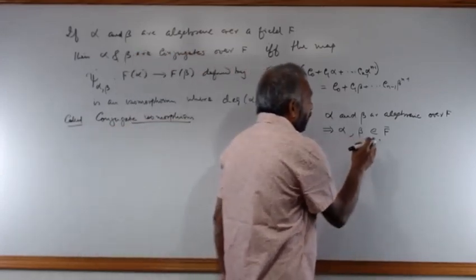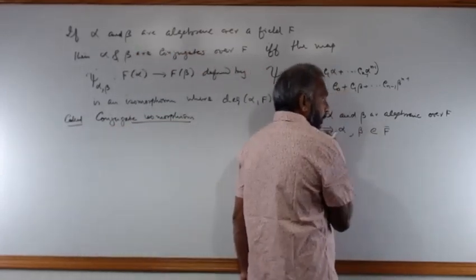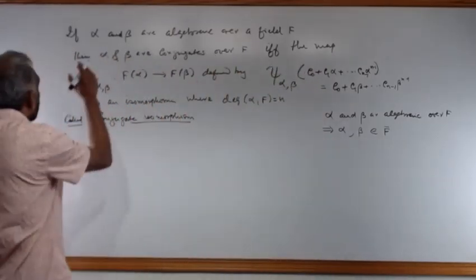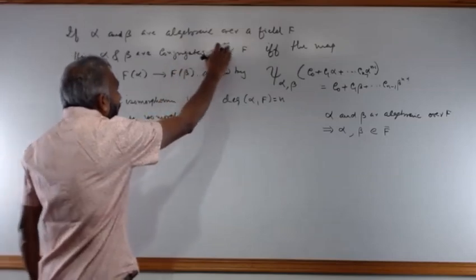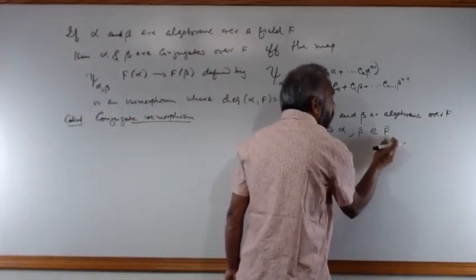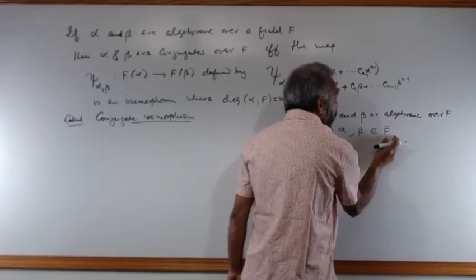So when you say alpha and beta are algebraic over F, it automatically means that both of them belong to the closure of F.